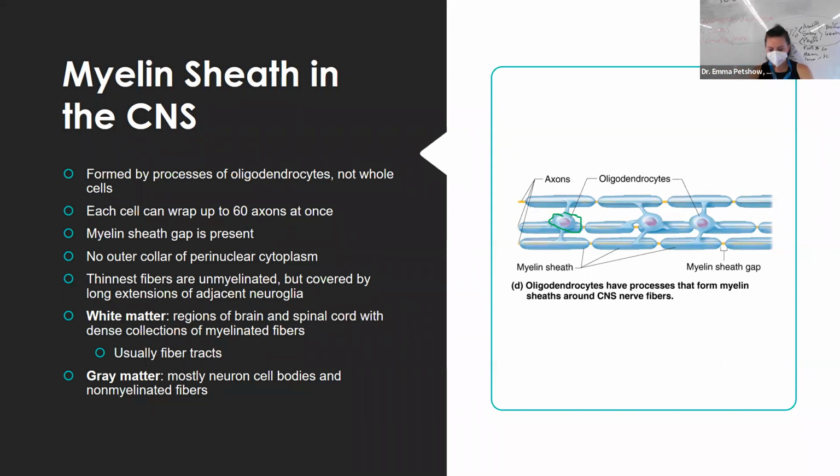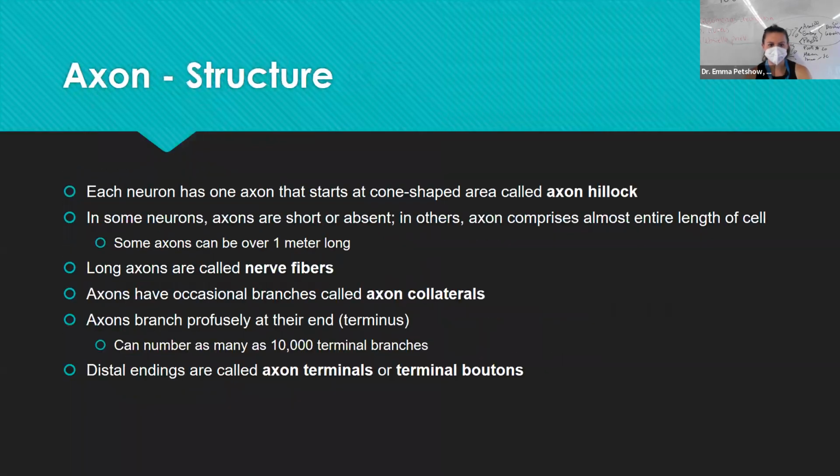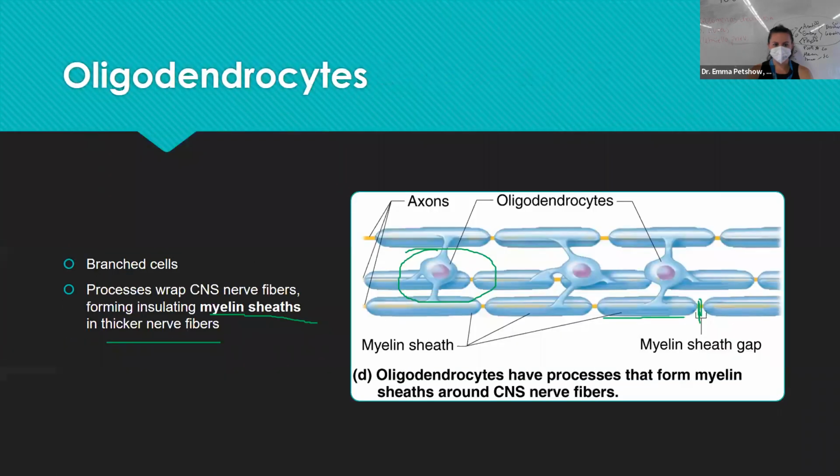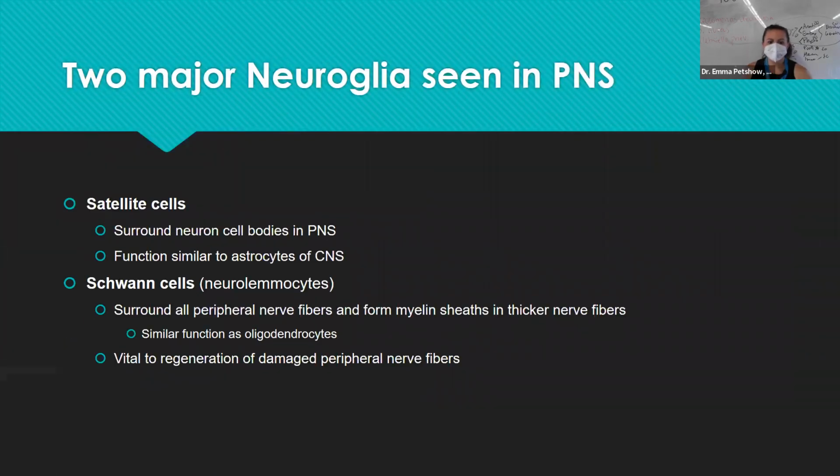Yeah, so Schwann cells, that's a great question. We'll go back here. When it comes to their nervous system or immune system function, Schwann cells are going to help repair damaged nerve fibers, so damaged axons, versus microglial cells, which are going to clean up excessive cell damage and debris and phagocytize bacteria and viruses directly.